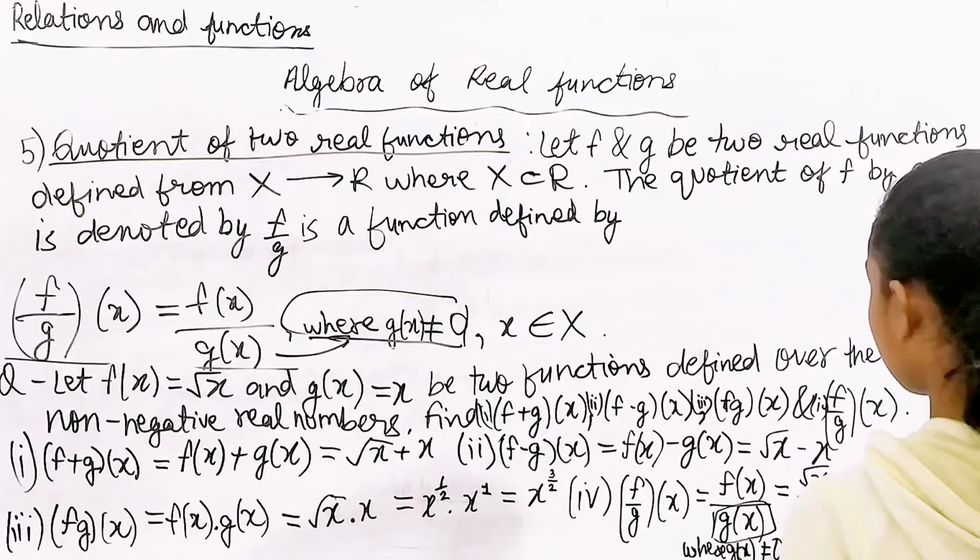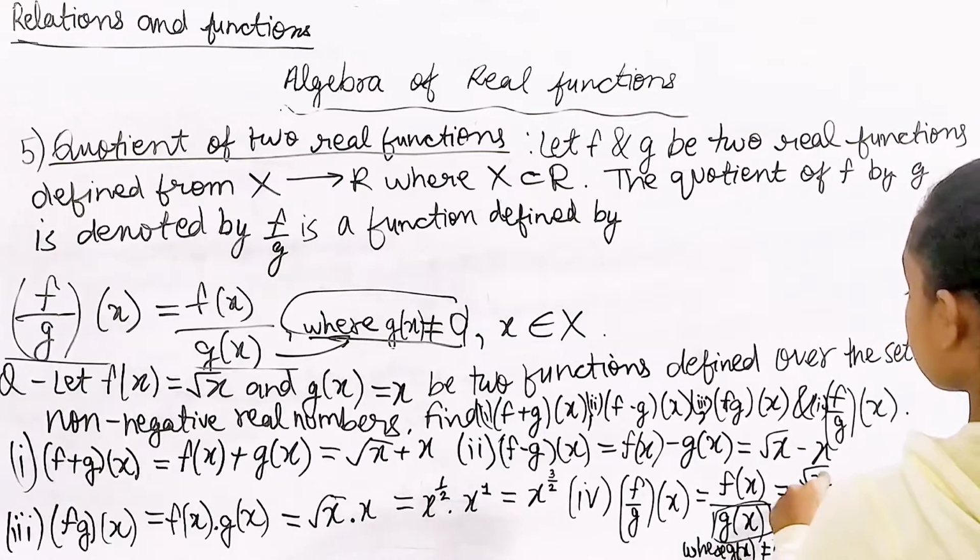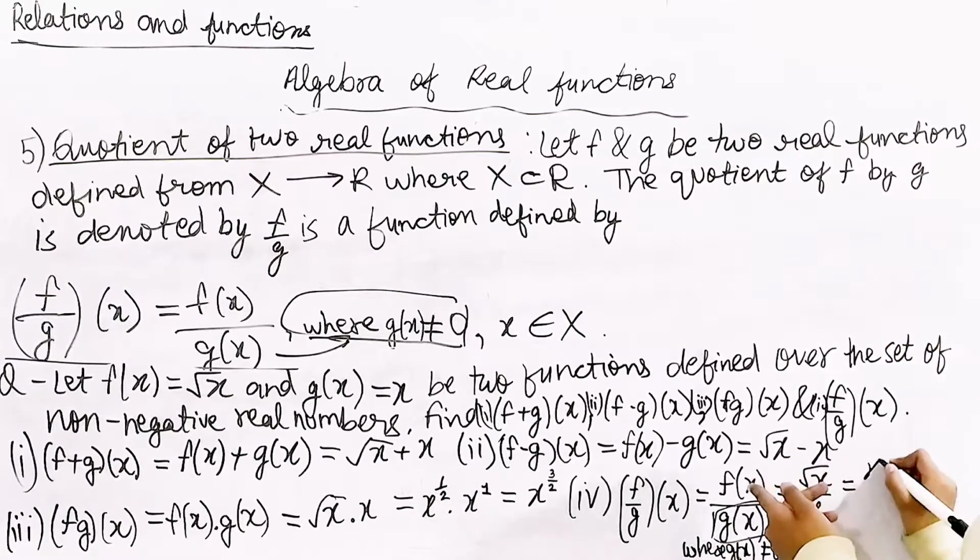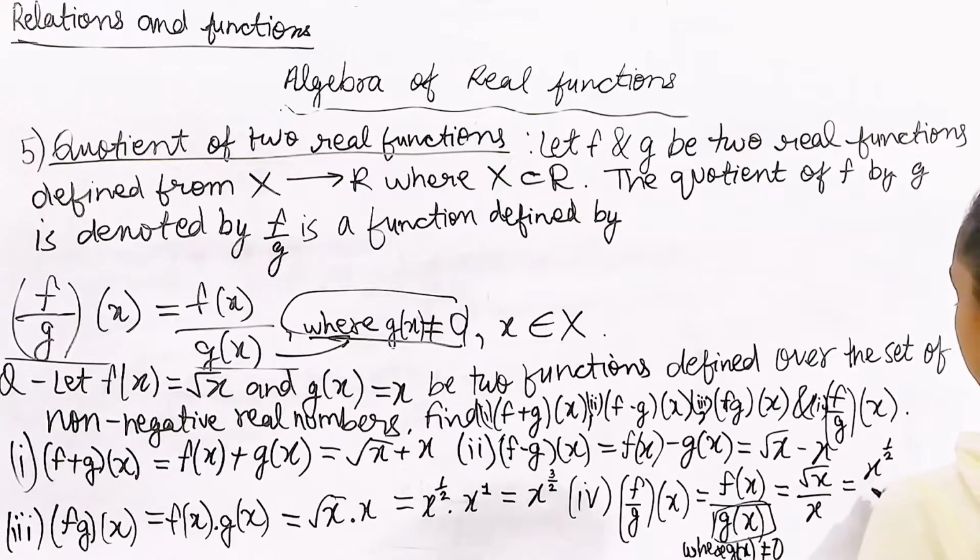g(x) is x. If I have to remove the square root, I write x to the power 1 upon 2, and this is x to the power 1.